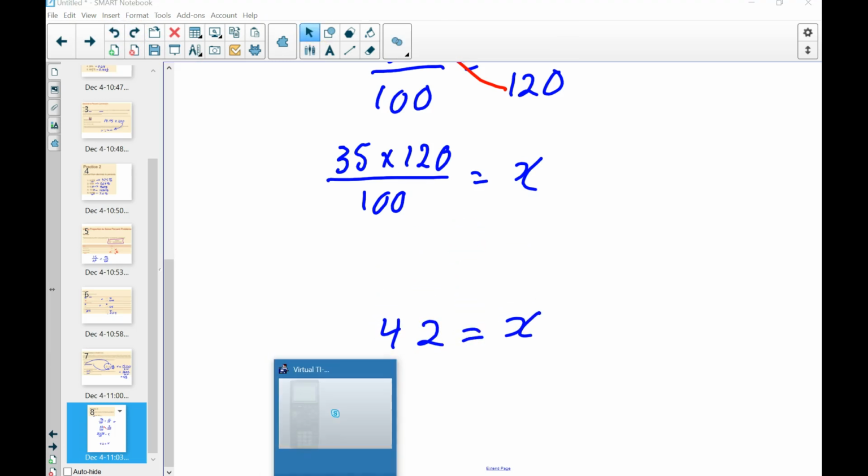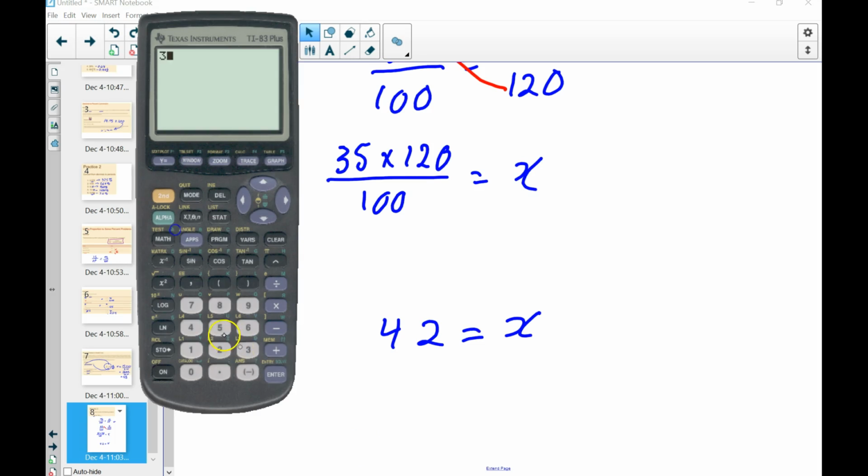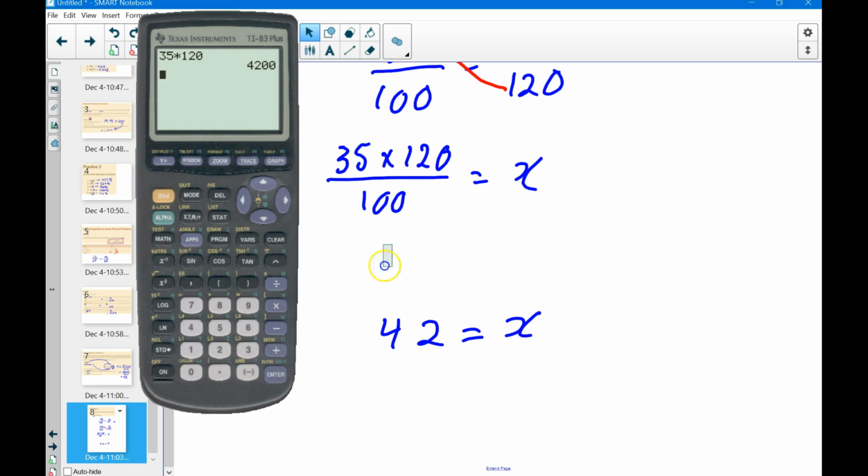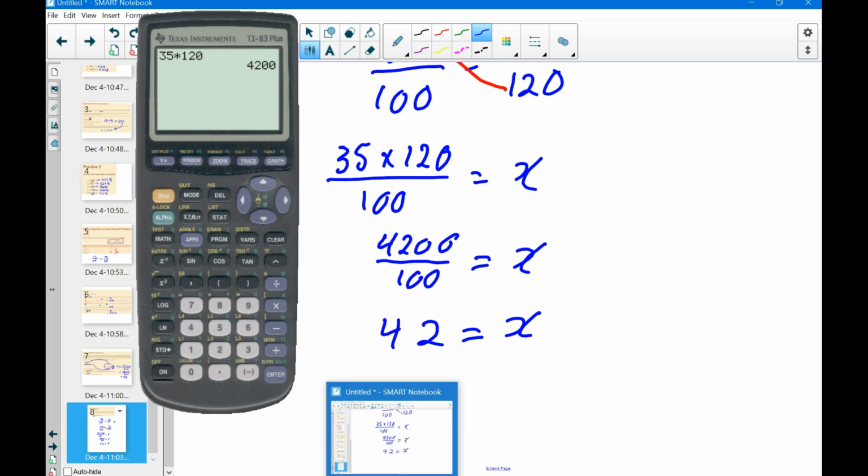If I use the calculator, 35 times 120 is going to equal 4,200. So that equals 4,200 divided by 100, and that's where 42 comes from.